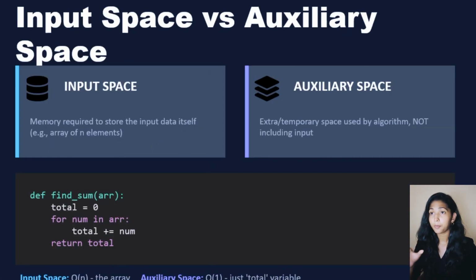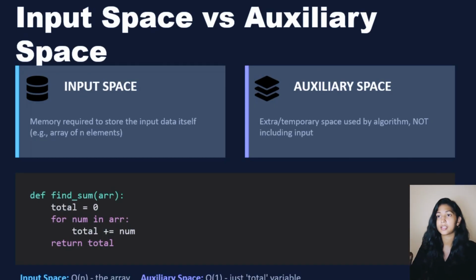Let's discuss input space versus auxiliary space. This is crucial for understanding space complexity calculation. So, input space is the memory required to store the input data itself. If the input is an array of n elements, input space equals O(n). Auxiliary space is the temporary space used by the algorithm, not including the input space.